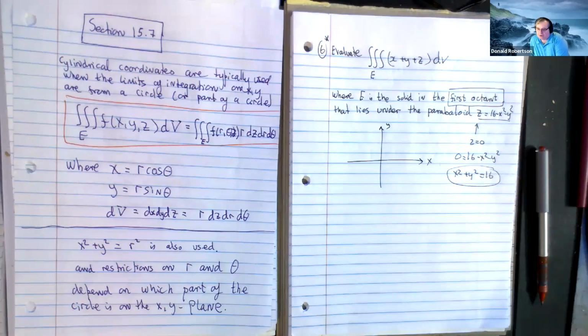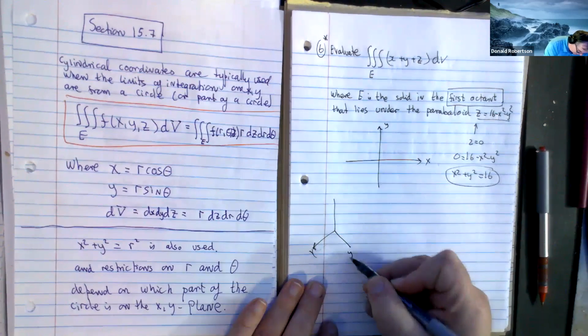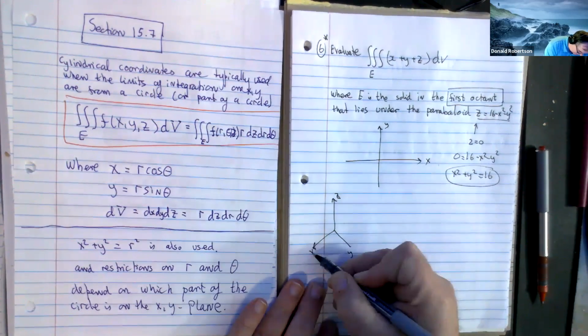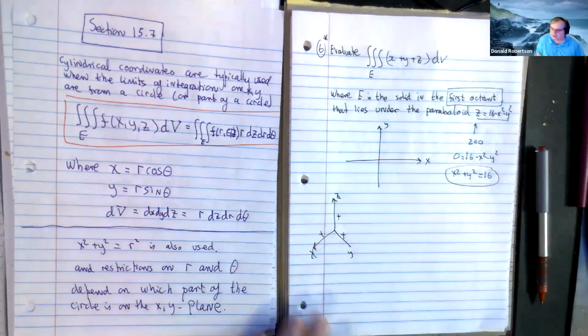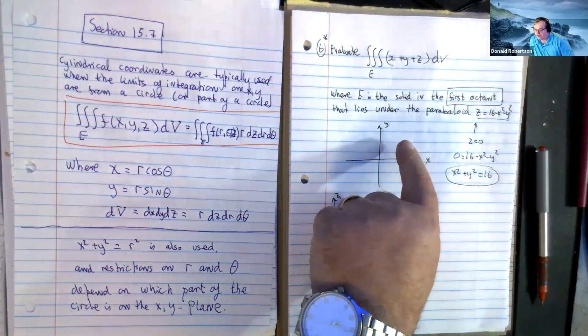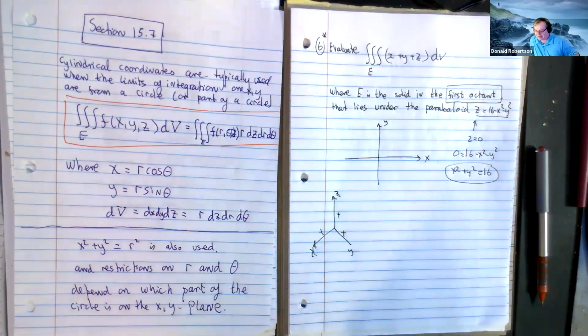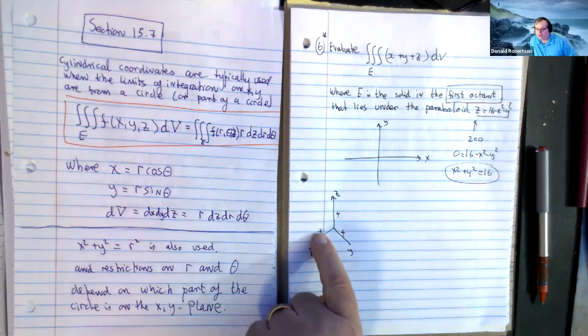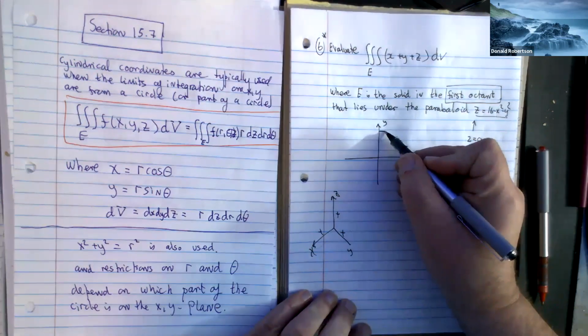Now, the first octant, in the 3D world, is the one where everybody is positive. When you do two dimensions, there are 4 quadrants: first, second, third, fourth. But when you're in the 3D world, there are eight octants, and the first one is typically that one, which means that I don't get the whole circle.